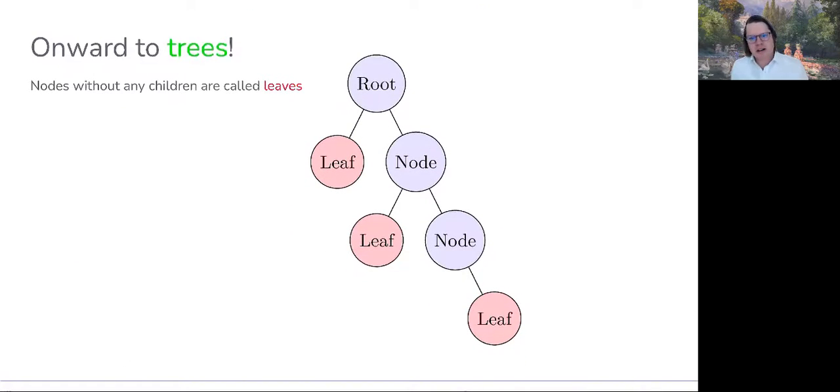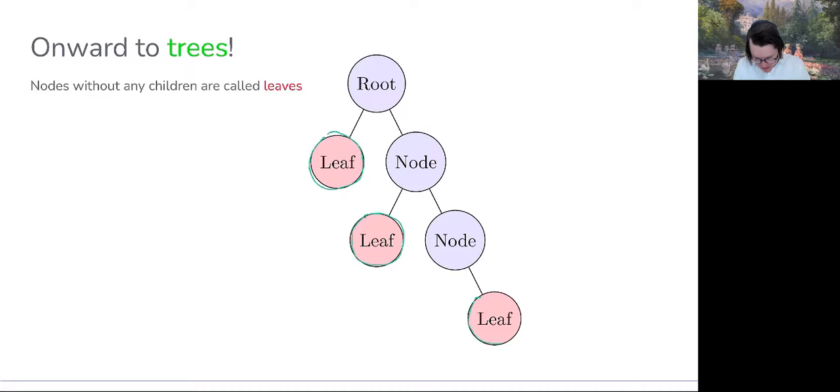Some additional terminology we have not mentioned yet: nodes that do not have any children are going to be called leaves. So we can see here that this node off of the root has no children, so it is a leaf. Likewise, this node off of one of the parent's children has no children, so it would be considered a leaf.